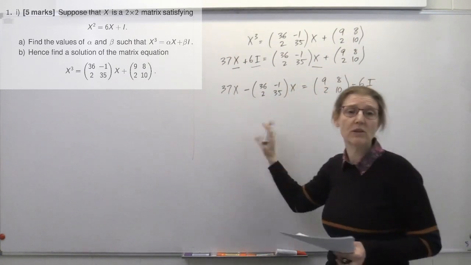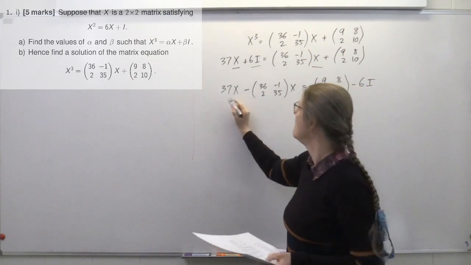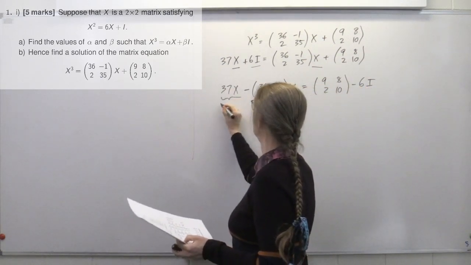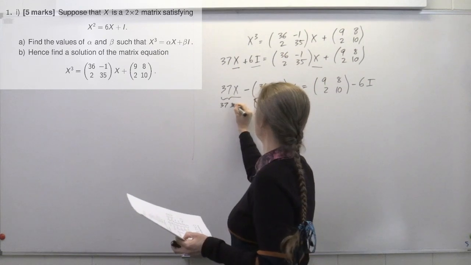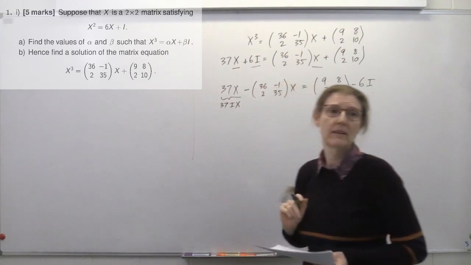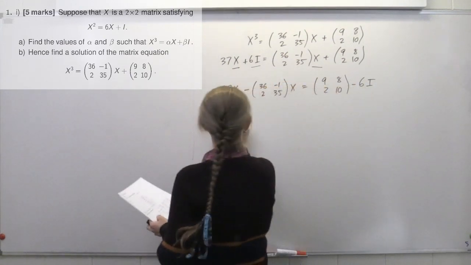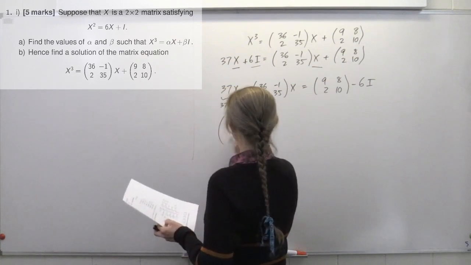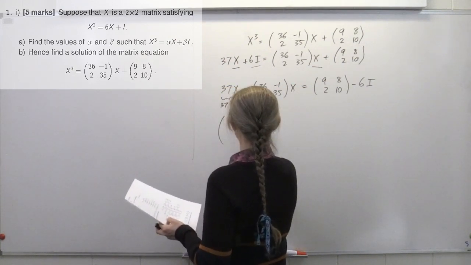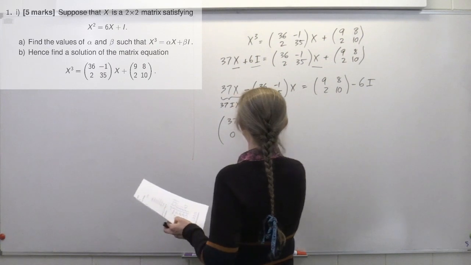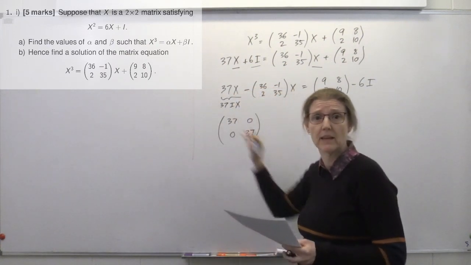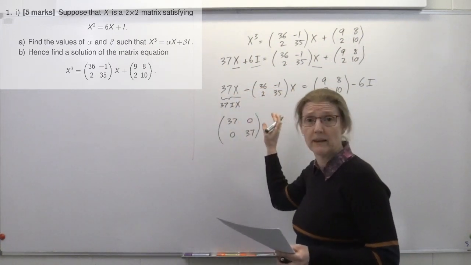Now we can factorise that left-hand side by remembering that we can actually write this as 37ix. So here we can have 37i, which is 37, 0, 0, 37. Remember, I has ones walking down the leading diagonal and zeros elsewhere.